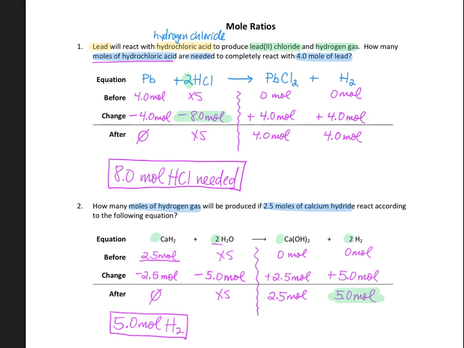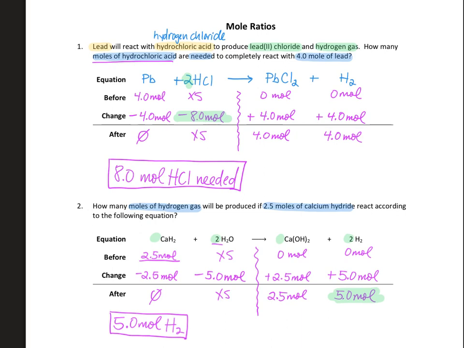Okay, I'm going to switch colors and use my workspace down at the bottom to figure this out. So we know we're going to use up the 0.45 moles of oxygen completely. You can actually go ahead and fill out your after line there, but we don't know how much of the C6H6 we're going to use.